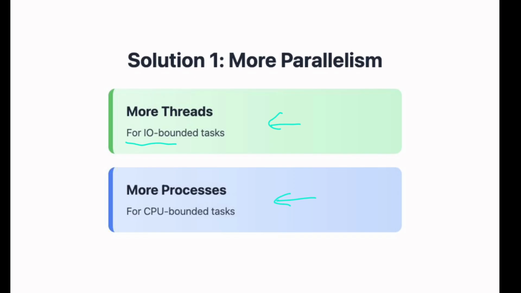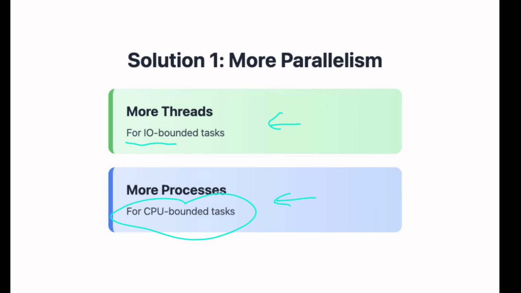So even with Python's GIL, the Global Interpreter Lock, threads can work well here because the time is mostly spent waiting, not computing. In contrast, CPU-bounded tasks need actual computation power. In Python, the GIL prevents multiple threads from executing Python code simultaneously on different CPU cores.